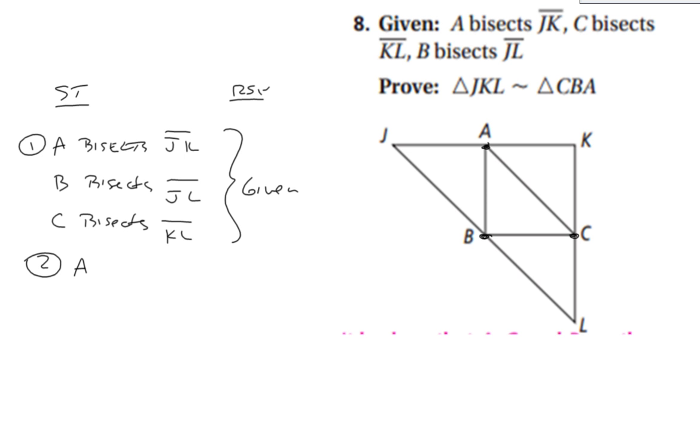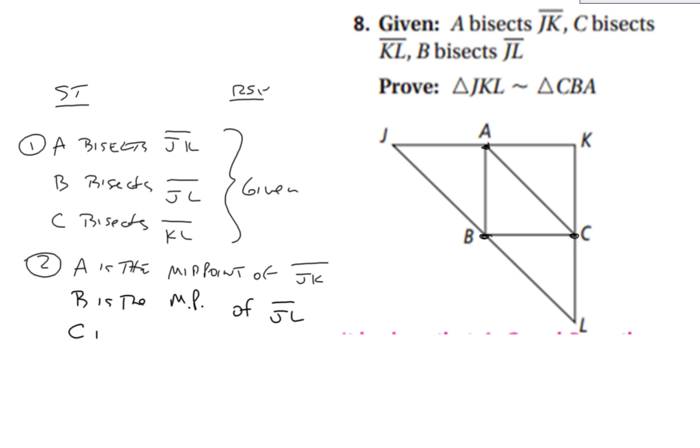That means that A is, I'm going to use shorthand, midpoint of, let me actually write this out and then I'll use shorthand afterwards. A is the midpoint of JK, and B is the midpoint of line segment JL, and C is the midpoint of line segment KL.